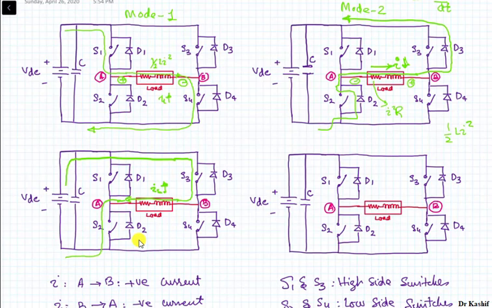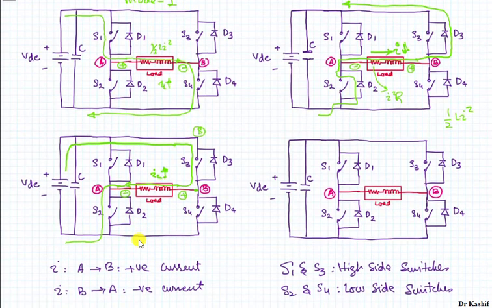So if we mark down the voltage polarity of the mode 3, this point is positive and this point is negative, because this point B is basically connected with the positive terminal of the source. So this point is positive, and the point A is connected with the negative terminal of the source. So point A, you can assume it over here. So the load polarity is opposite with respect to the mode 1, right?